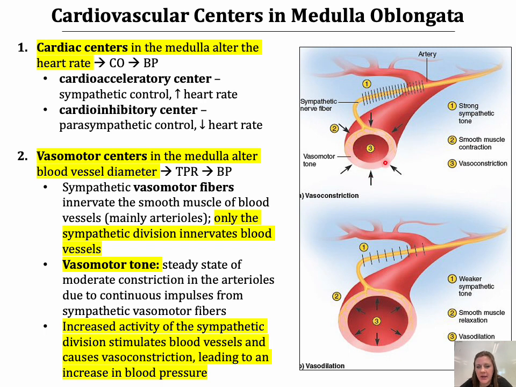Going to cause it to contract and lead to vasoconstriction. Versus if there's weaker signals coming from those sympathetic neurons, there's less messages being sent there, less communication, that's going to relax those muscles and cause vasodilation and open up that lumen. And that, of course, in turn impacts the blood pressure. Vasoconstriction increases blood pressure, vasodilation decreases blood pressure.